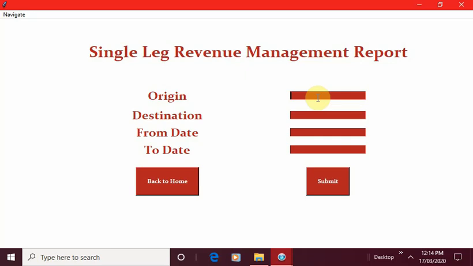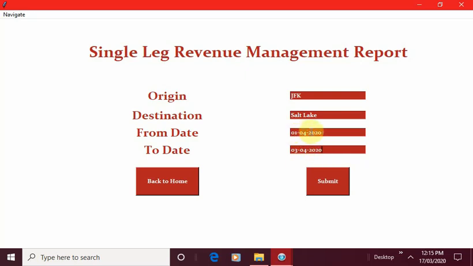So let's enter the origin, that is JFK. The destination is Salt Lake, and from date, the airline wants it from 1st April 2020 to 3rd April 2020.